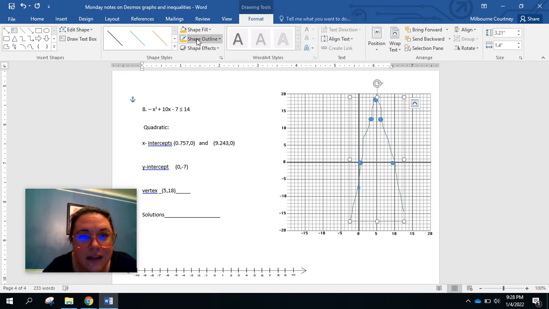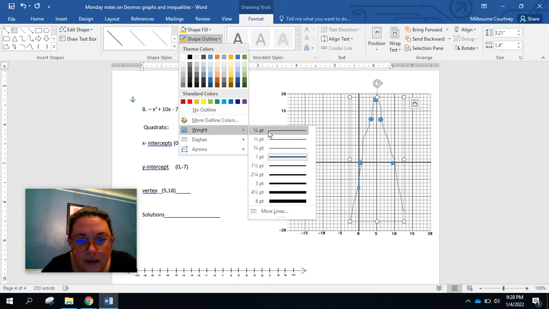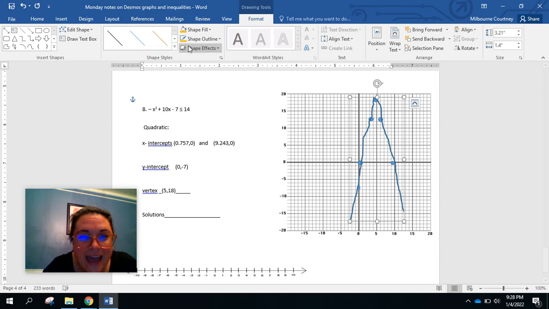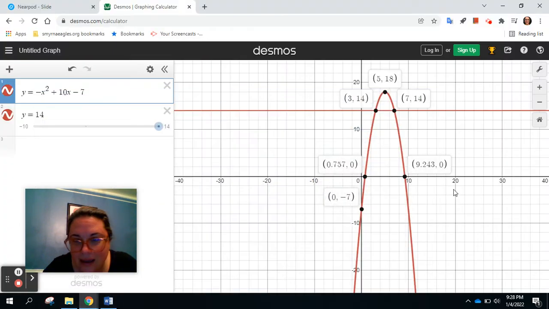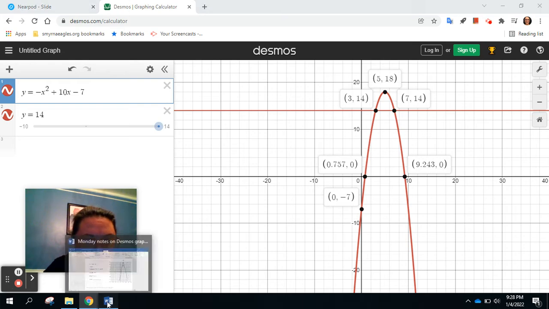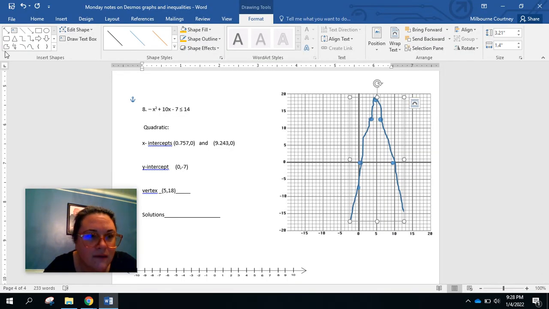For real, for real. All right, let's give me some thickness so I can read it. And then, of course, we need the second part. Let's go back to Desmos and the 14, which literally is a horizontal line through 14. So it's not too hard. I say that right.